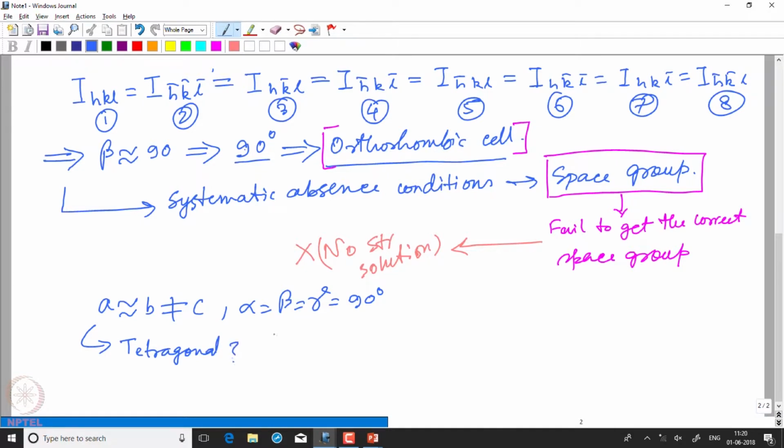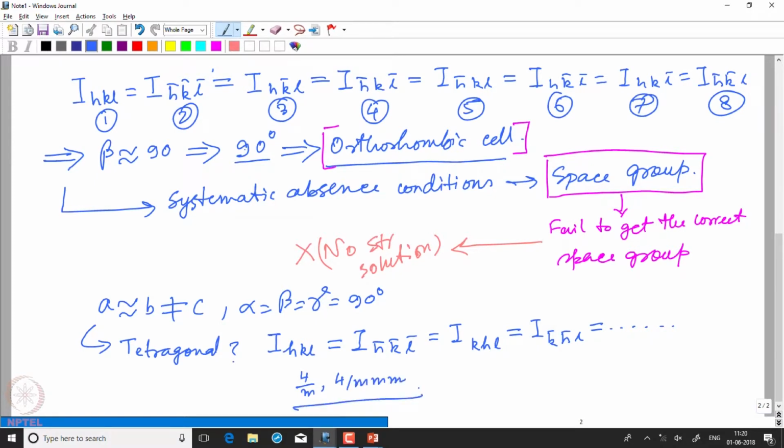So for that, we should look for reflections which are I H K L should be equal to I H bar K bar L bar, should be equal to I K H L, should be equivalent to I K bar H bar L, and the other conditions which come for the tetragonal symmetry, which could be either 4 by M or 4 by MMM.